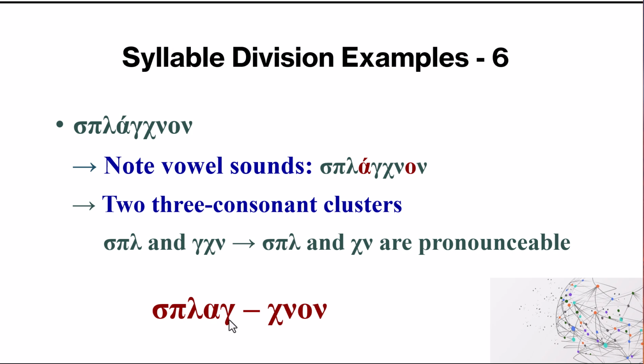So we have splung. The gamma bumping up against the chi gives us that N sound, that nasal sound. So it's splung and then knan. That's how we divide that word up. This has been an introduction to syllable rules and some examples of how syllable rules are applied.